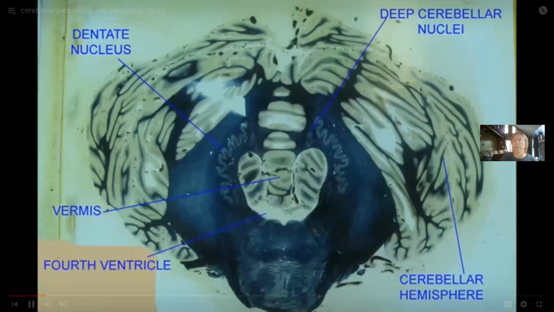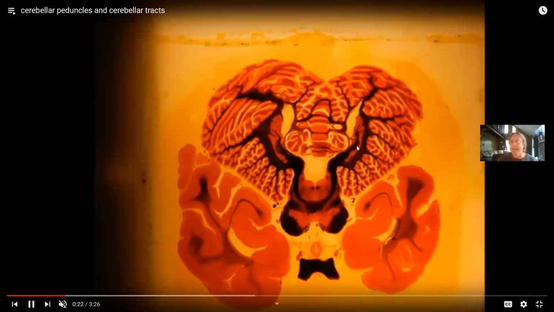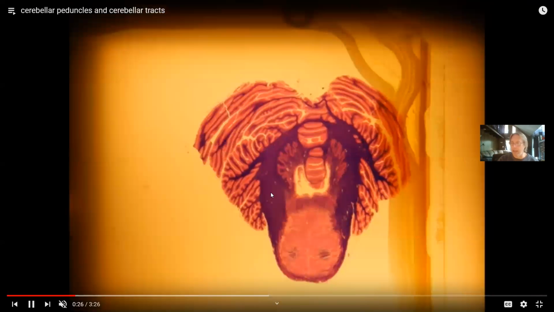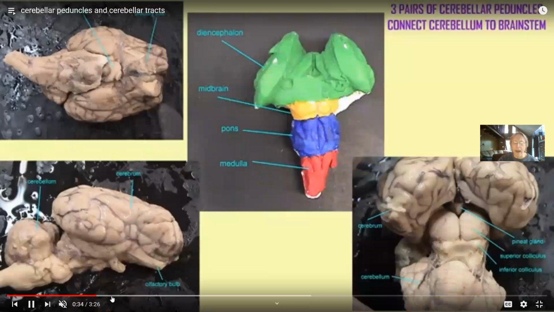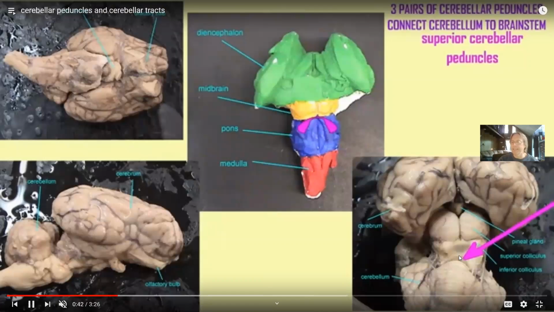So there are three stalks called peduncles, which attach the cerebellum. Physically that's important, but obviously you also need the fibers to communicate back and forth. So the midbrain has the superior cerebellar peduncles. They are just inferior to the inferior colliculi.